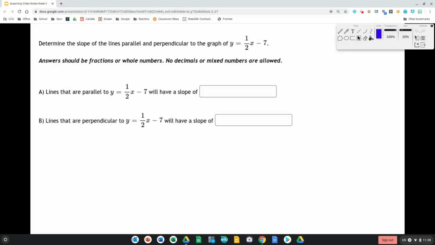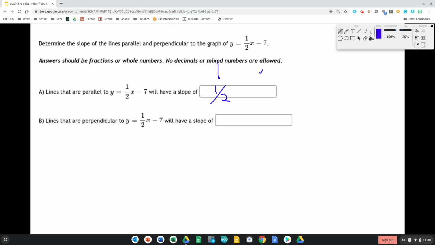What is the slope of the line y equals 1/2 x minus 7? Okay, it's 1/2. It's that number in front of x. And so a line that's parallel to it will have a slope of what? Don't make it too difficult because you don't change anything. Since it's parallel, the line that's parallel to it also has a slope of 1/2.